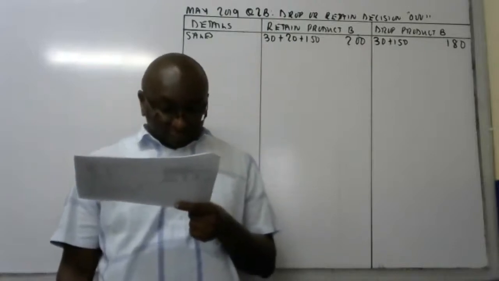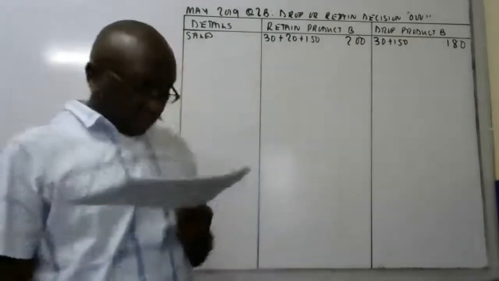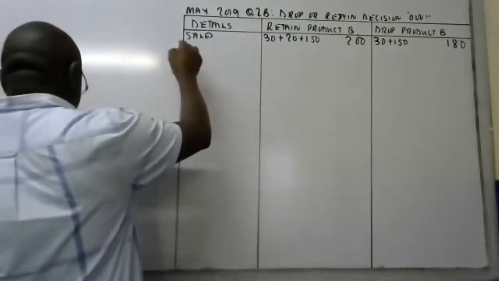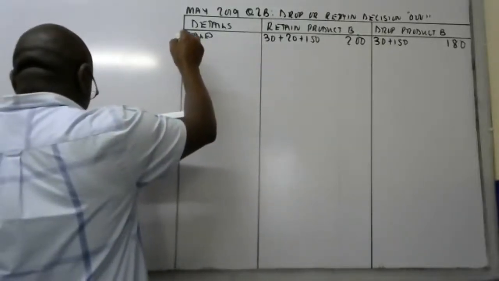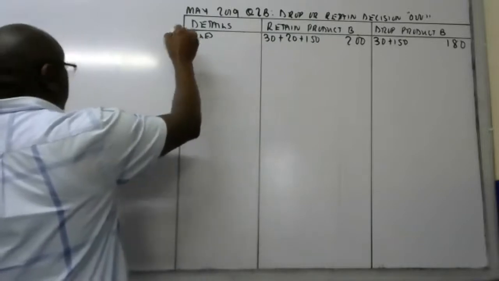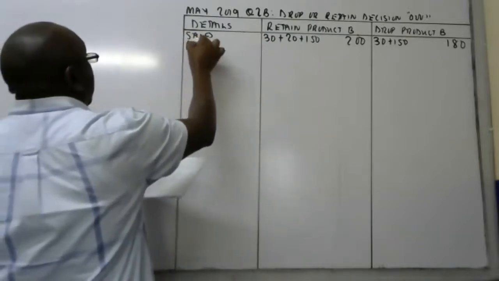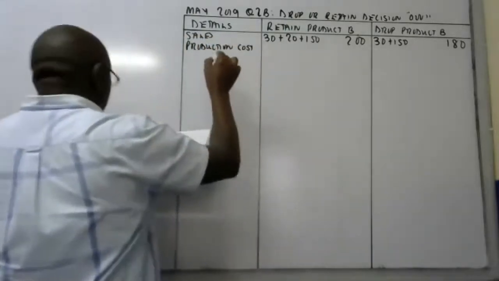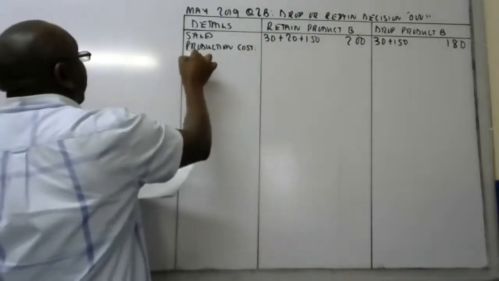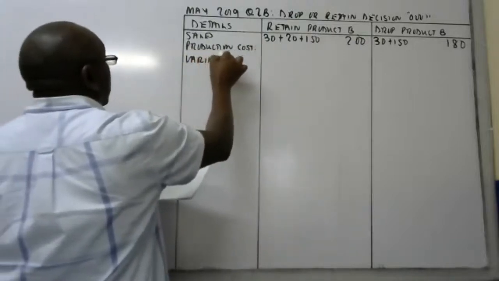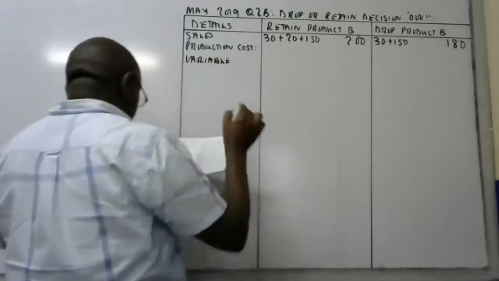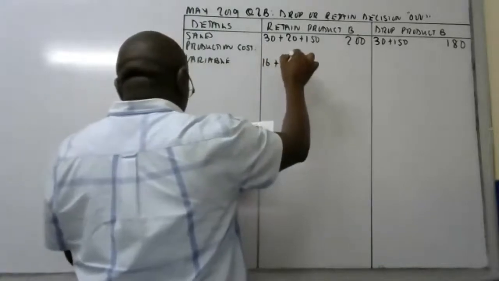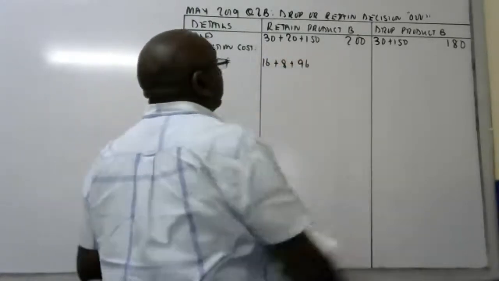Then we say, let's arrange it the same way. Production costs, we have the variable. So the variable will be 16 plus 8 plus 96.